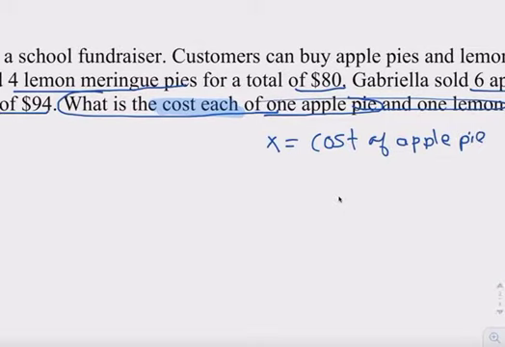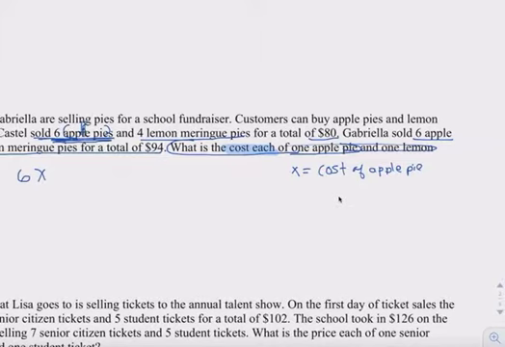Let's say the apple pie was $10, so 6 times 10 is $60. And let's say the lemon meringue pie was $5 each, so 4 times 5 is 20, which gets you 80.